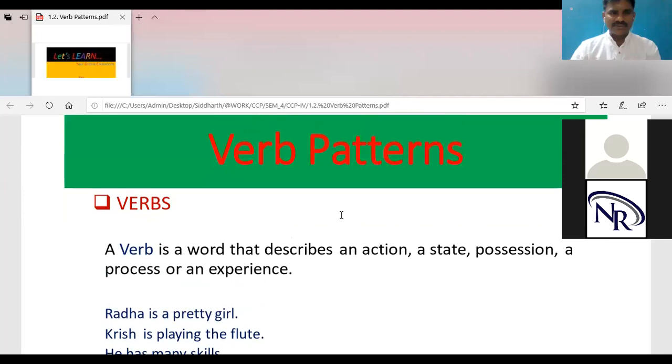Then we'll go into verb patterns, that means basic sentence structures. Five sentence structures are there in our syllabus.